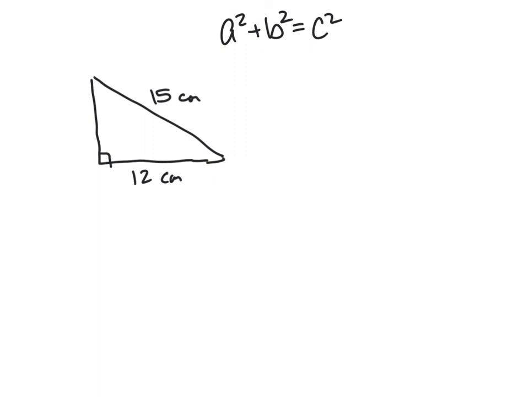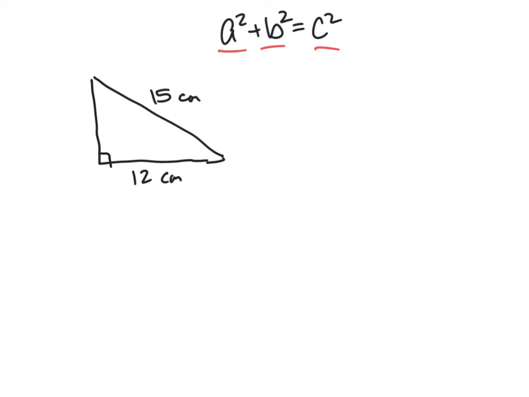Let's look at another example, and you might find a little bit of a twist on this one. No worries. Remember, these are the legs of the right triangle, and this refers to the hypotenuse. Notice over here they gave me a leg attached to that right angle, and I don't know that one, but I do know the hypotenuse.